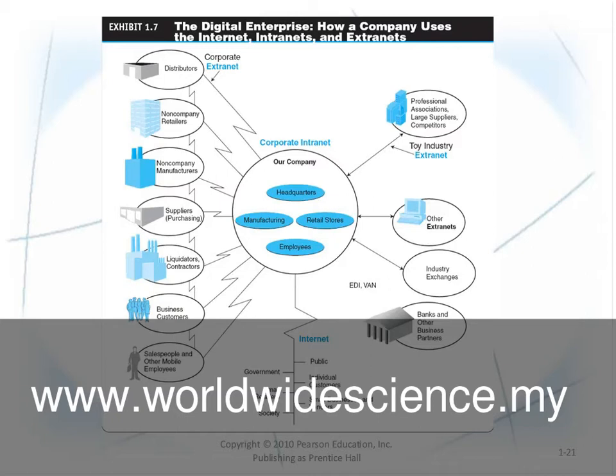And we need some parties like public customers to connect to our network through the internet, and some partners in our business environment like suppliers, distributors, different levels of suppliers, distributors, retailers, or even banks can connect directly to our network through extranet.